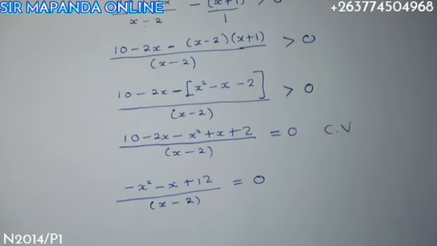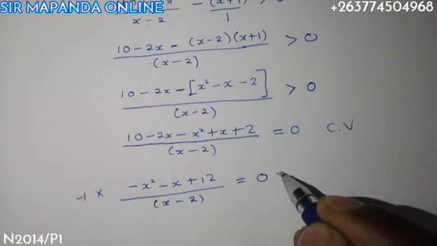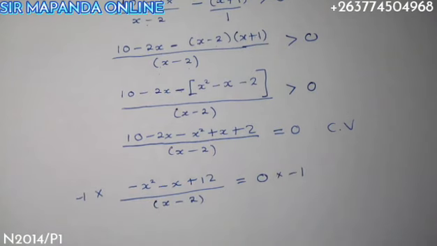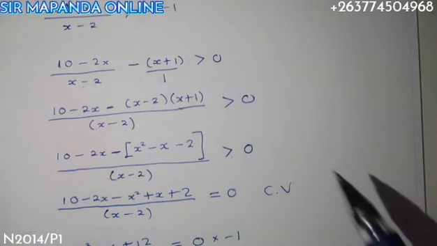Then over x minus 2 is equal to 0. Right. So this equation is simple to solve especially when the coefficient of x squared is positive. So I want to make the coefficient of x squared positive by multiplying both sides by -1. But if you do that, this inequality sign is going to be reversed.